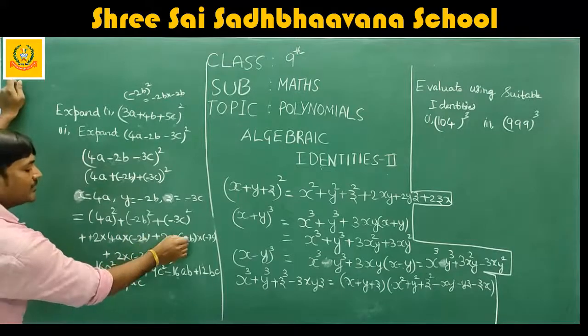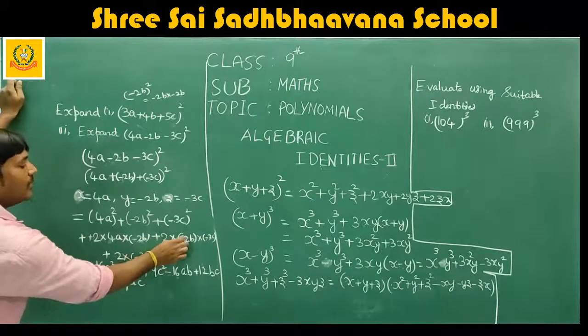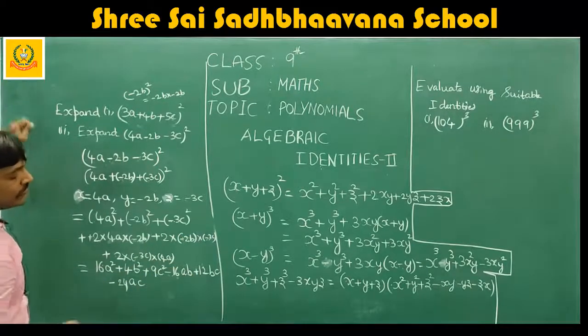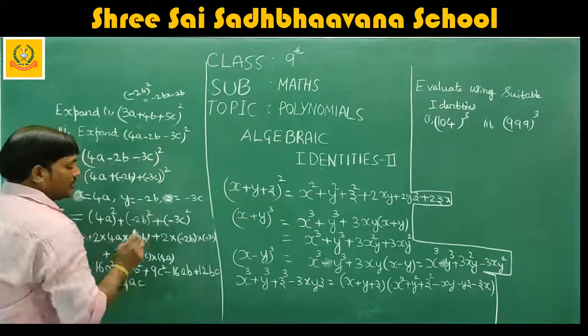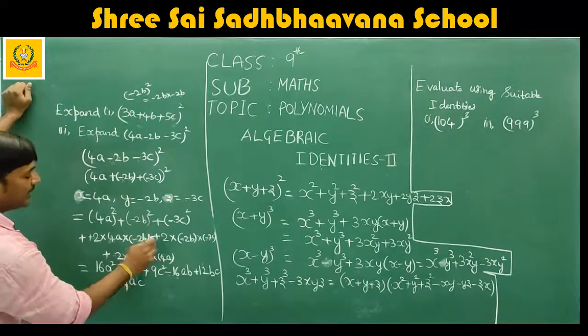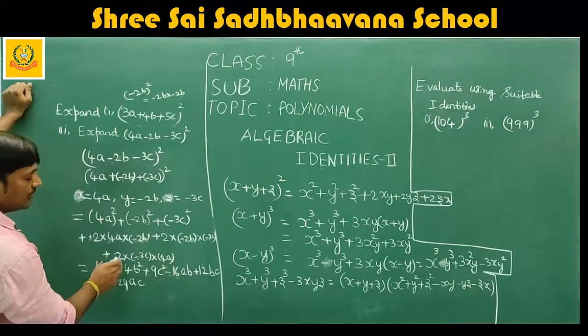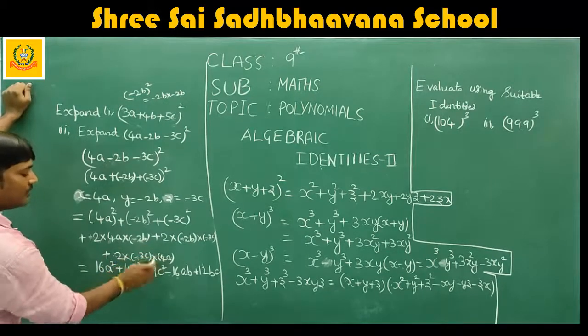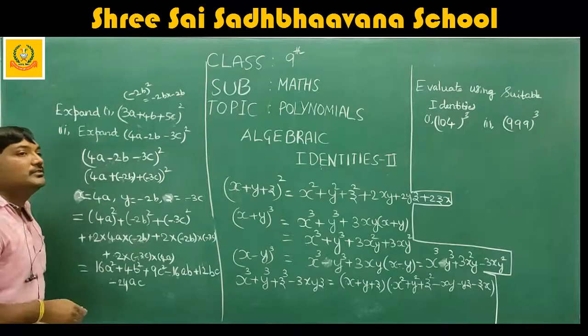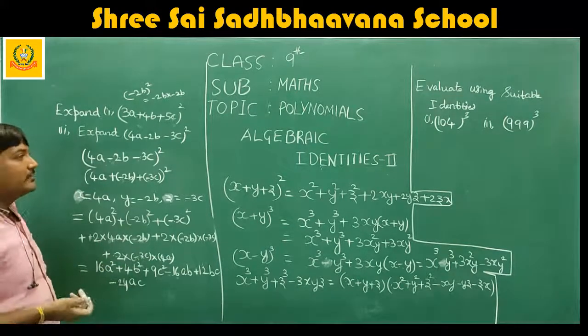Next, plus into minus, minus into minus, plus, so plus. It will be easy to write also. So 2 into 2, 4, 4 into 3, 12bc. Next, plus into minus, minus into plus, minus. 2 into 3, 6, 6 into 4, 24, so minus 24ac. This is how you have to expand.